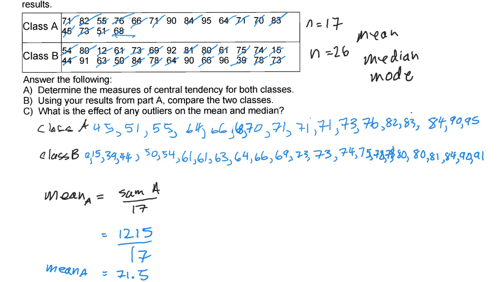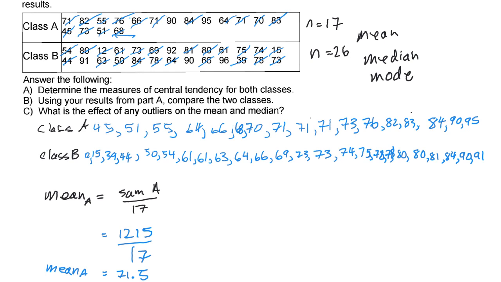So now just pause the video and calculate the sum, calculate the mean of class B. Now, you didn't have to go and organize the numbers from left to right for class B in order to calculate the mean. You could have easily just added all of these numbers up and then divided by 17.